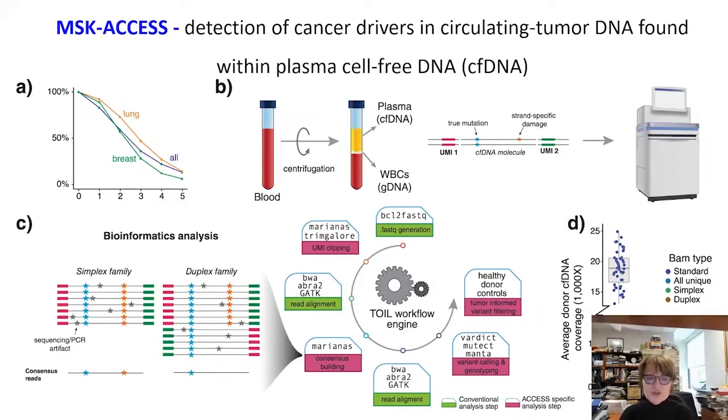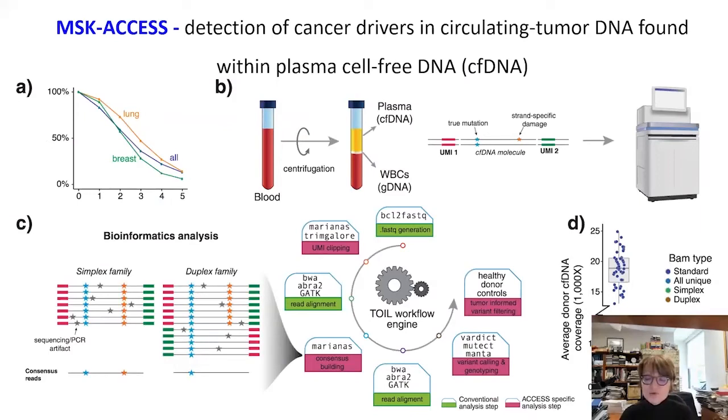This diagram shows that a blood sample is taken from the patient and centrifuged, and then we separate the white blood cells from the plasma, here in yellow, and this plasma contains cell-free DNA, which is then sequenced at a very high coverage, up to 20,000x coverage.